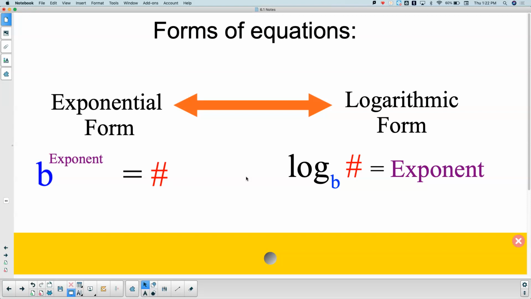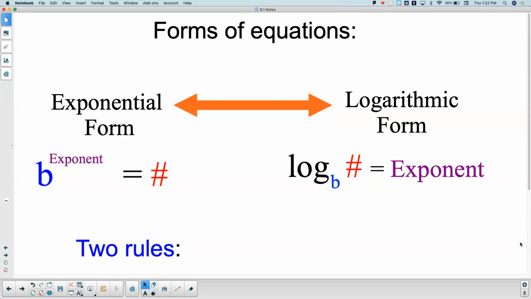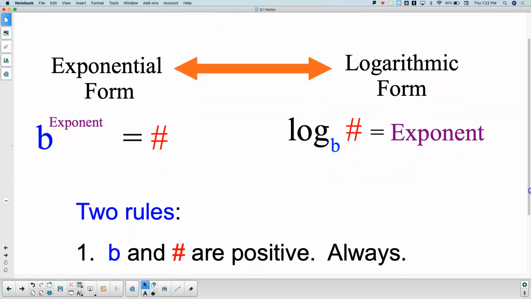Very important stuff. Now, with that comes two rules. The first rule, in either of these forms, is that b and the number have to be positive. Always.